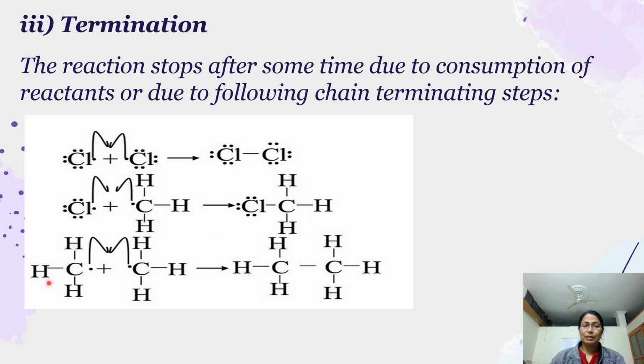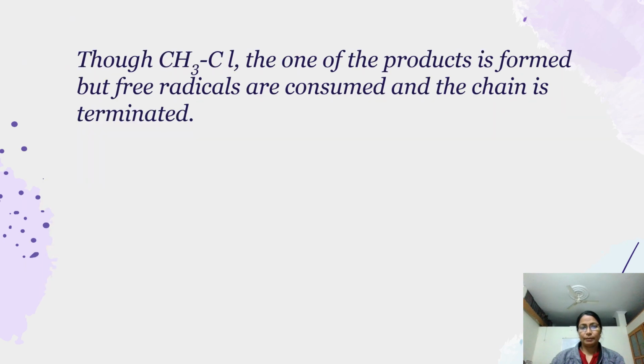And the last step is when two methyl free radicals combine to form ethane. So all these three steps result in chain termination. Though CH3Cl, one of the products, is formed, free radicals are consumed and the chain is terminated.